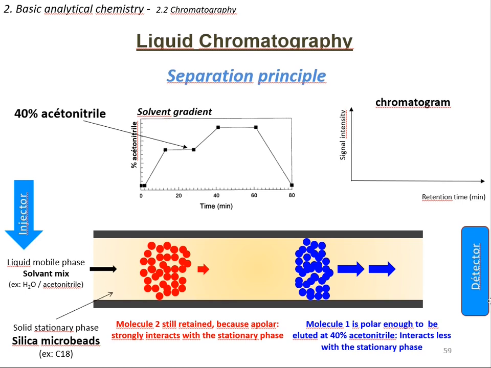And this solvent mixture is suitable for the solubilization of the blue molecule. So now the blue molecule, which is the molecule number 1, is polar enough to be eluted at 40% acetonitrile, and it will interact less with the stationary phase, while the red molecule is still retained because it is less polar than the blue one, and it still strongly interacts with the stationary phase.